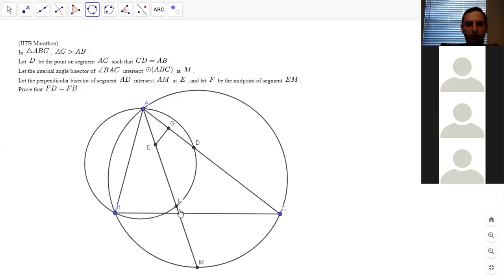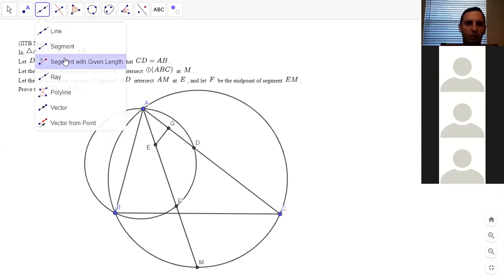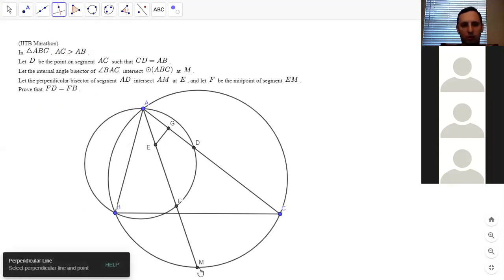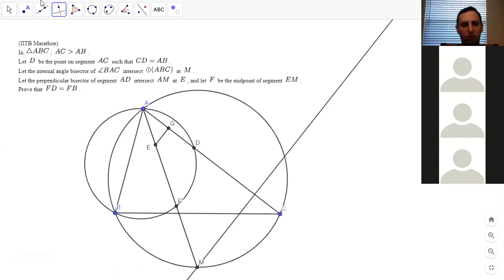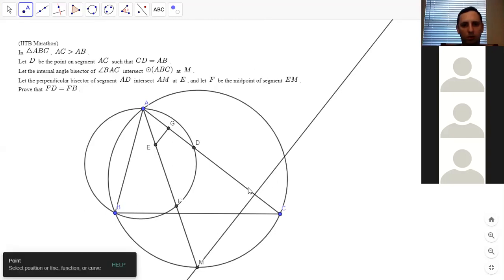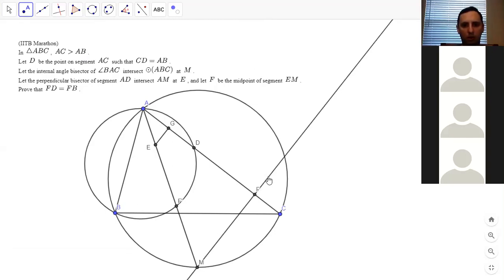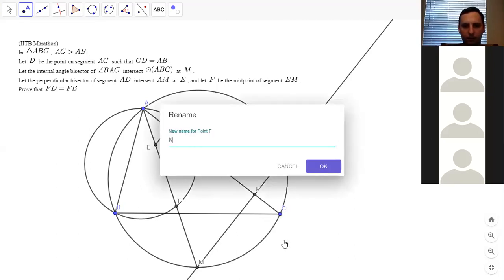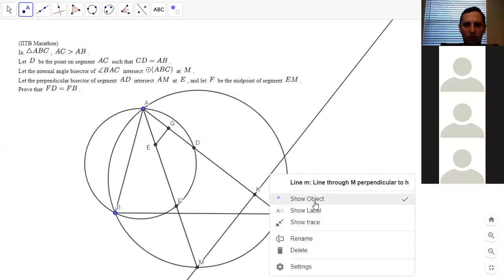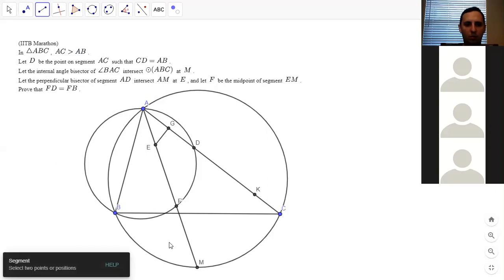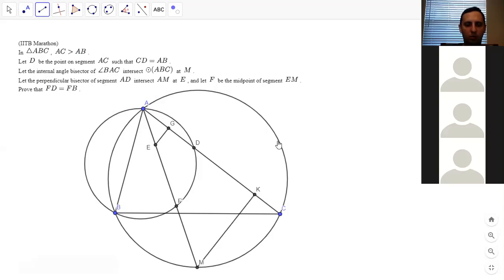So MF prime times MA, that's the power of M with respect to this circle. Can we say anything about, like, and drop the perpendicular from M to AC. We'll call it K. So CD equals AB.